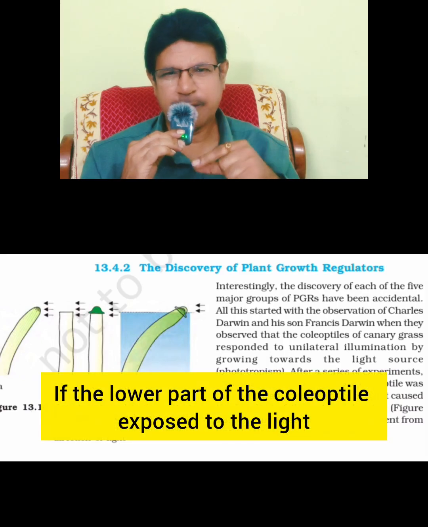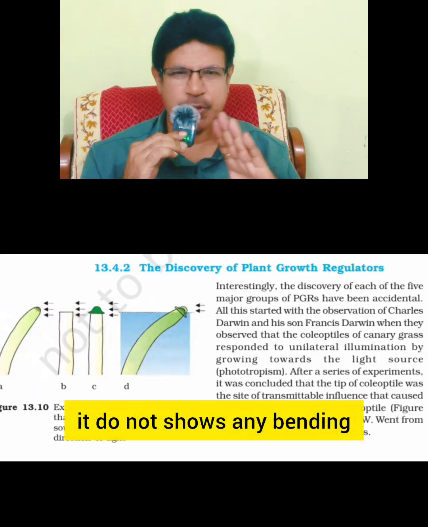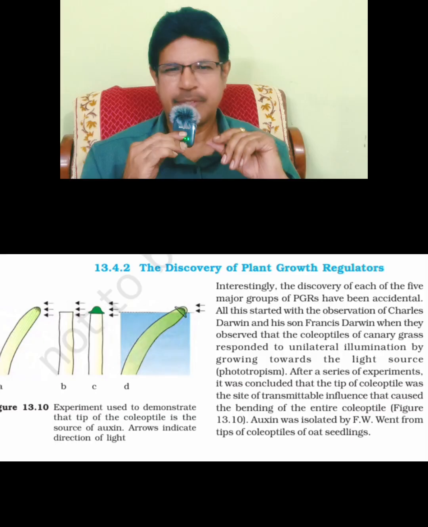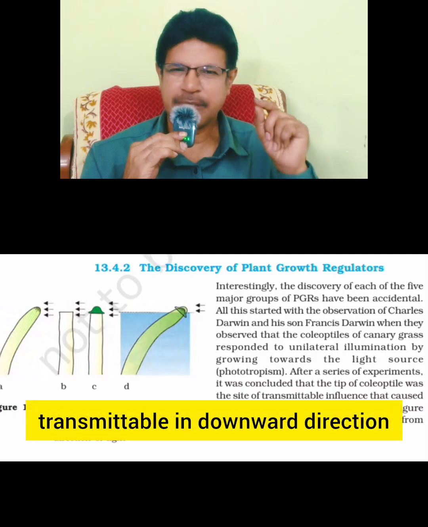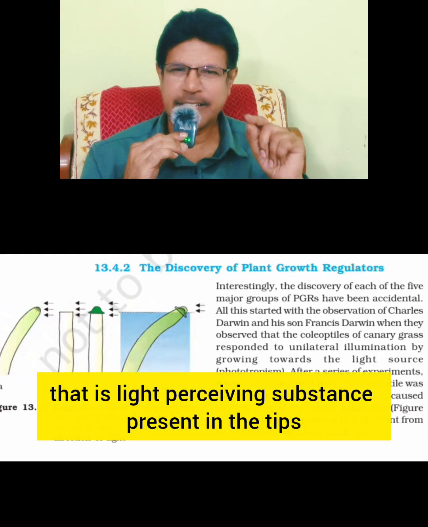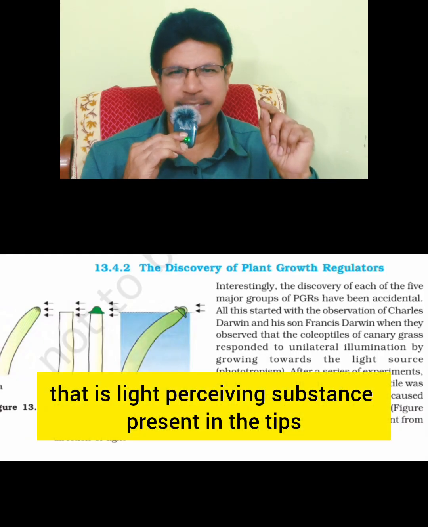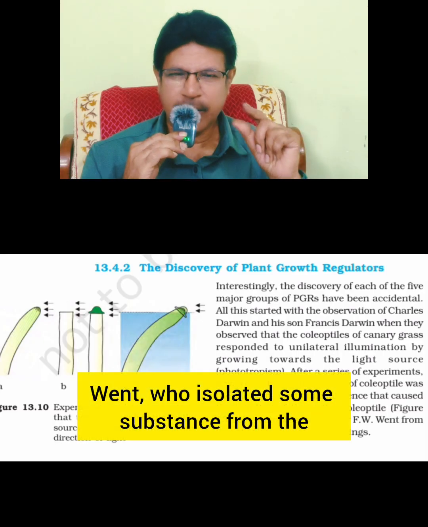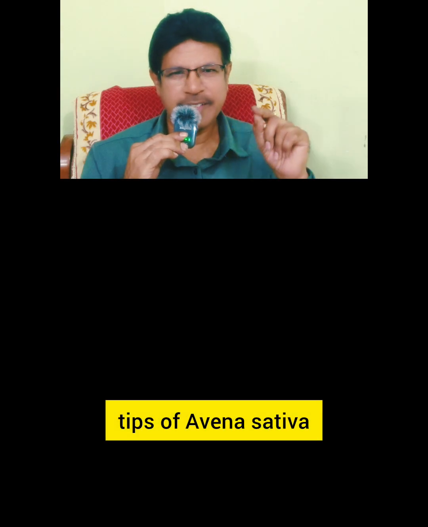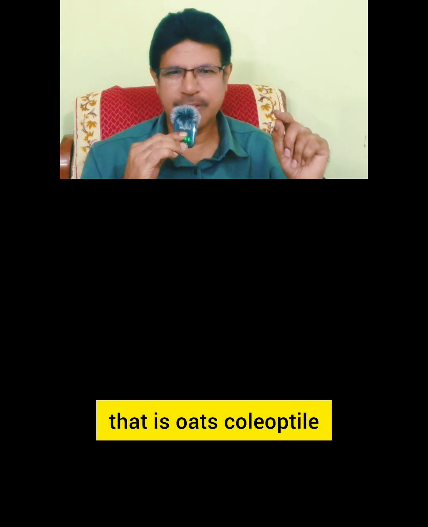If the lower part of the coleoptile is exposed to the light, it does not show any bending. So something present in the tips is transmittable in a downward direction. Later, F.W. Went isolated some substance from the tips of Avena sativa, that is oats coleoptile, and called it auxins.